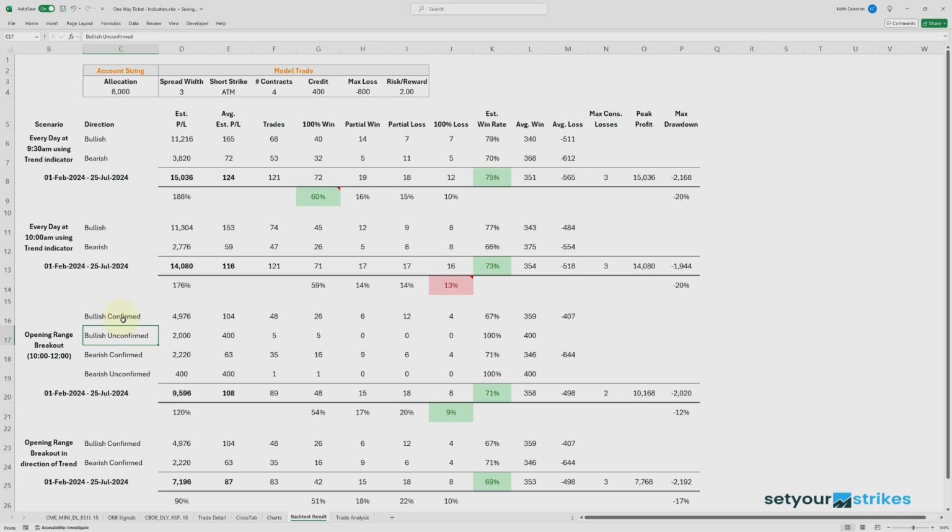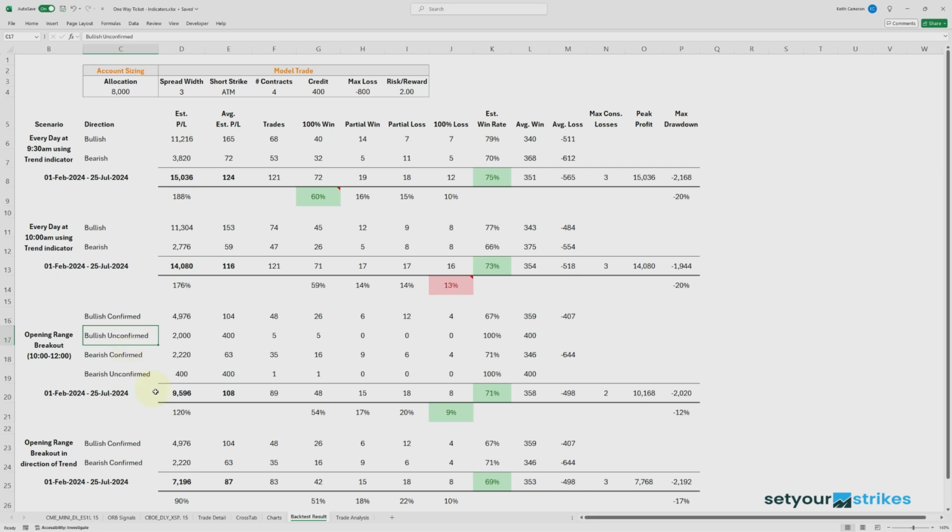I've categorized it so bullish confirmed and bearish confirmed just means those are opening range breakout trades where we've also evaluated the trend and the trend is in the same direction as our trade. So a bullish confirmed means it's a bullish opening range breakout and the trend is also bullish.